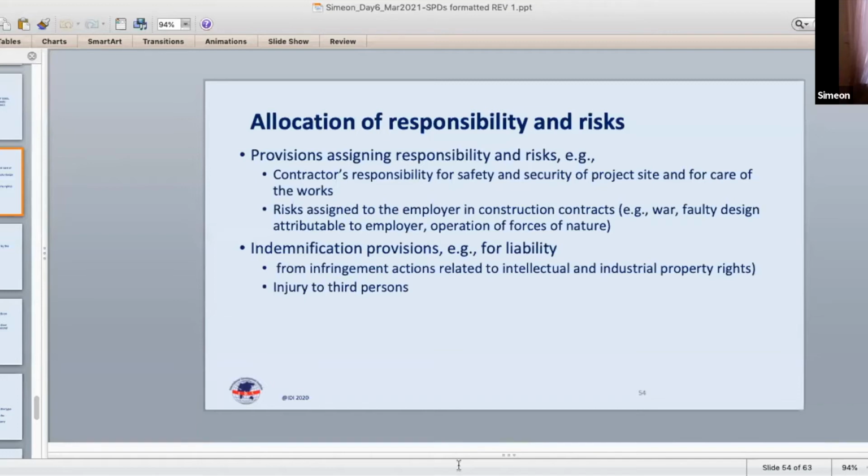Another example of indemnification is the contractor's indemnification of the procuring entity against third-party action for injury caused by, typically, for example, a construction contract scenario.